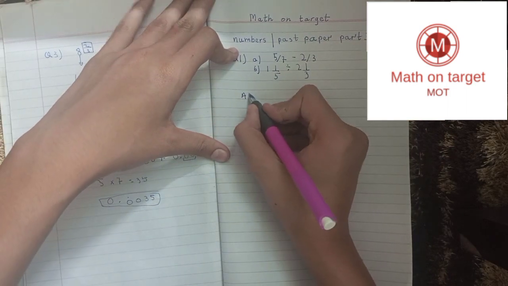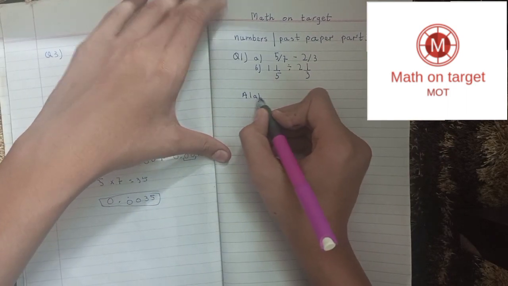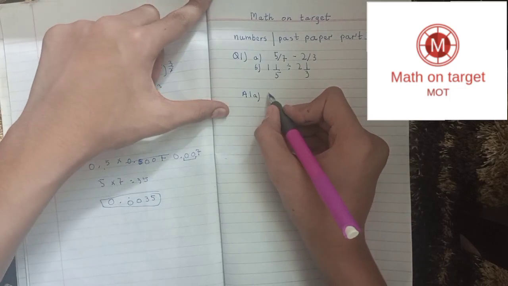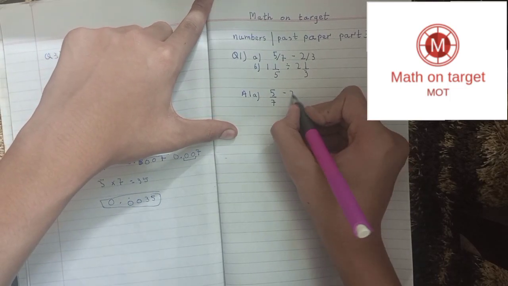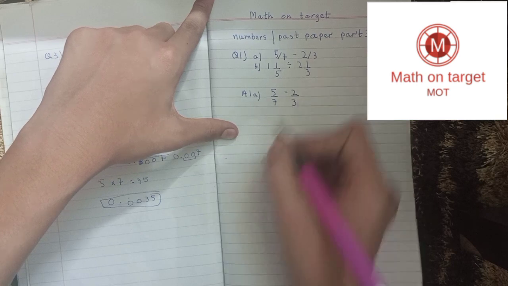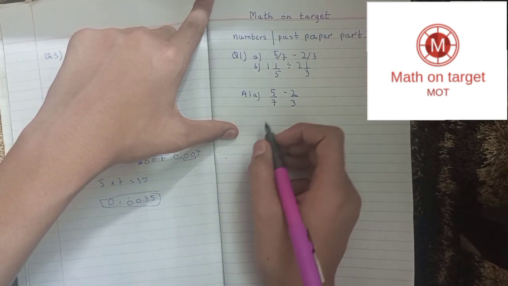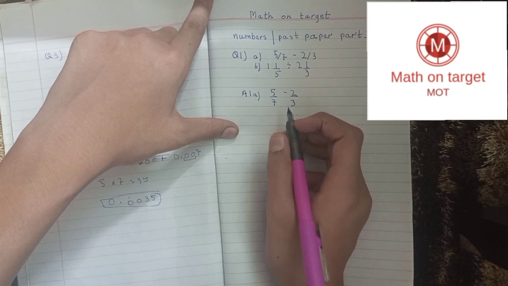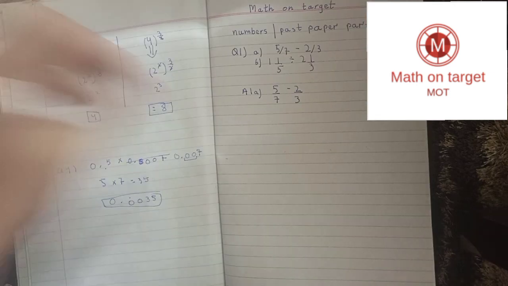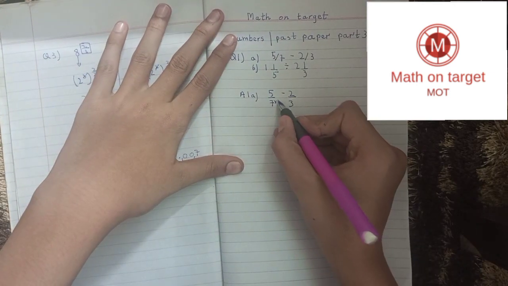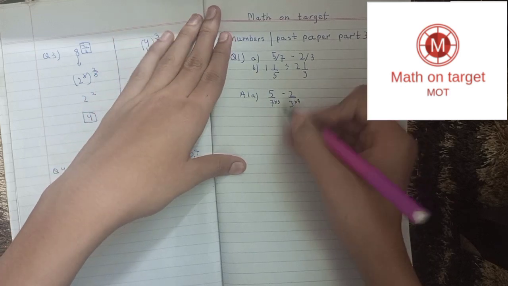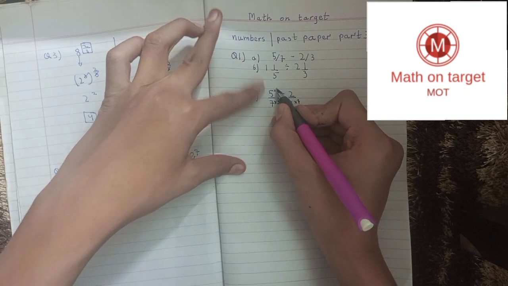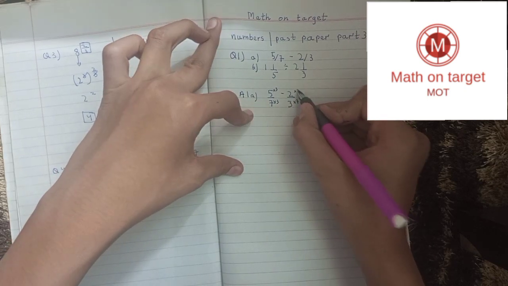The first part solution goes here, which is 5 upon 7 minus 2 upon 3. So we'll take the LCM, and the LCM would be 21. So 7 threes are 21 and 3 sevens are 21. We'll do the same up here: 5 threes are, and 2 sevens are.